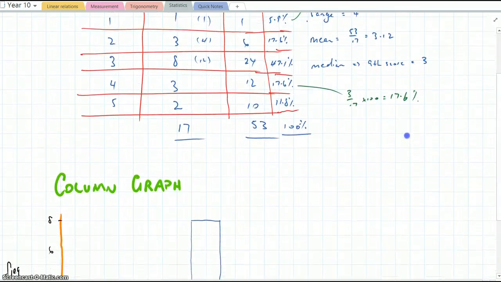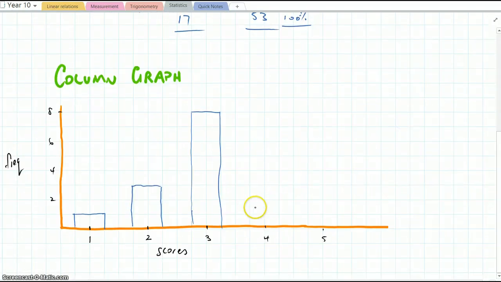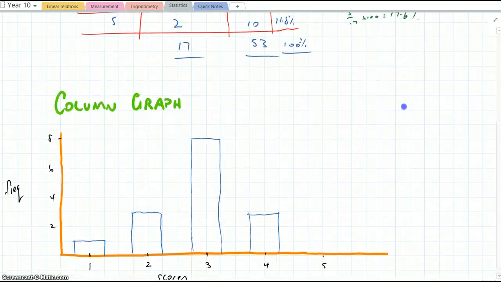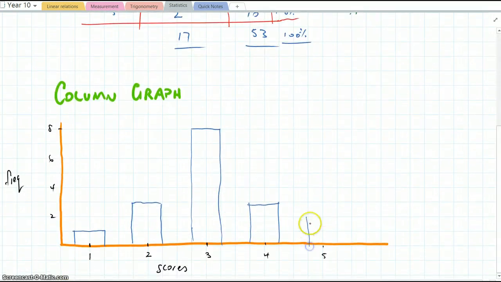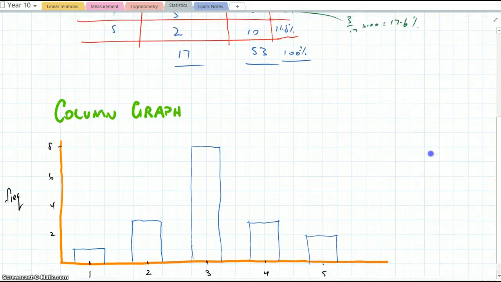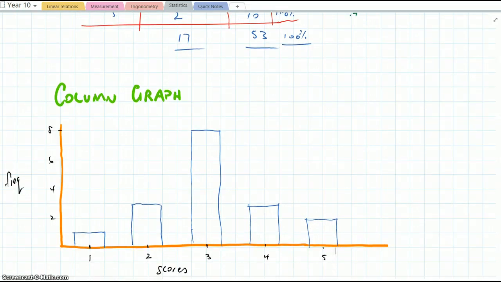For 4, I've got a frequency of 3, so I'm back down here for 4. 5's got a frequency of 2, so that's my column 5.